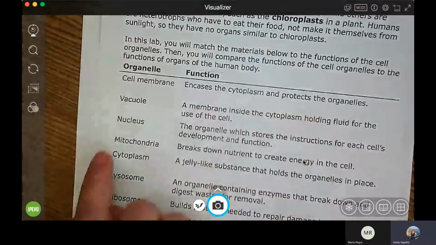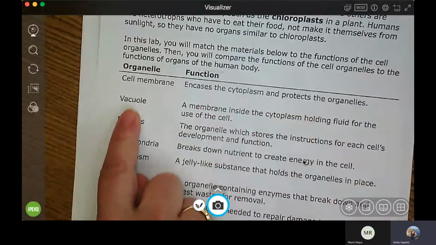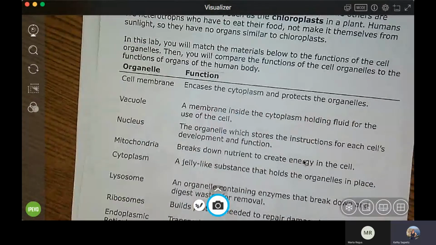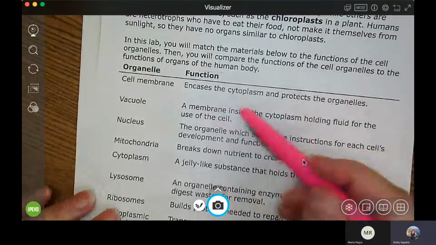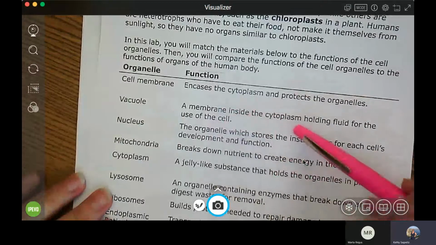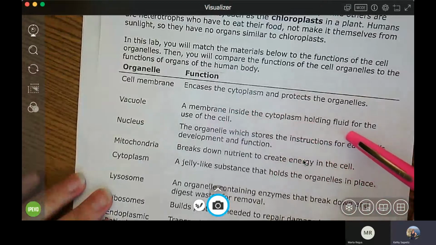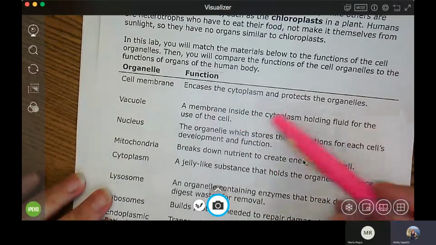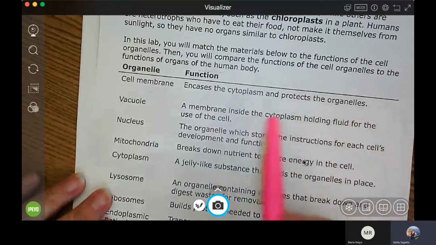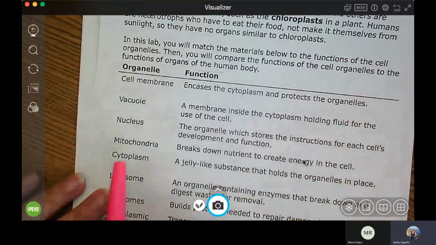cytoplasm and protects the organelles. A vacuole is a membrane inside the cytoplasm holding fluid for the use of the cell. The nucleus, the organelle which stores the information, stores the instructions for each cell's development and function. That sounds like our best option.